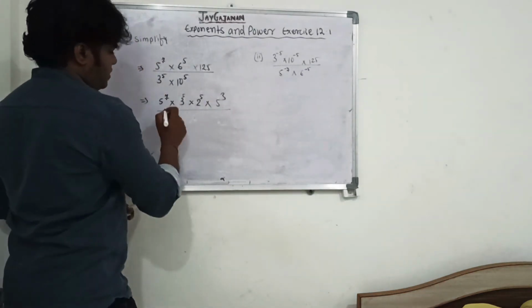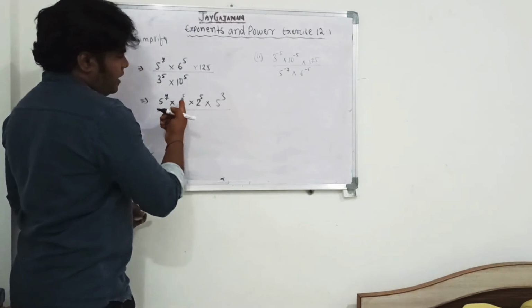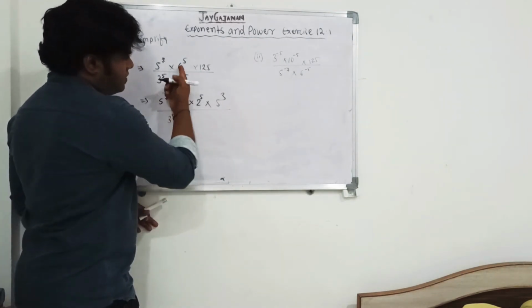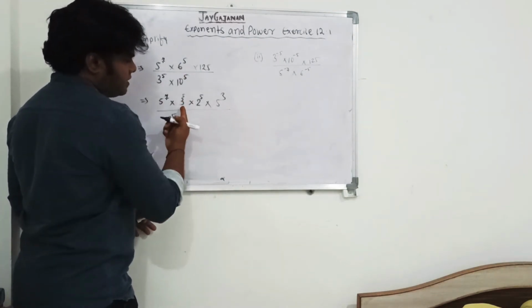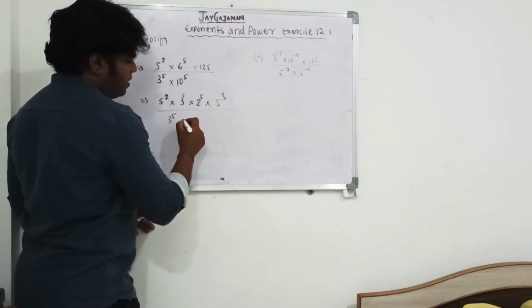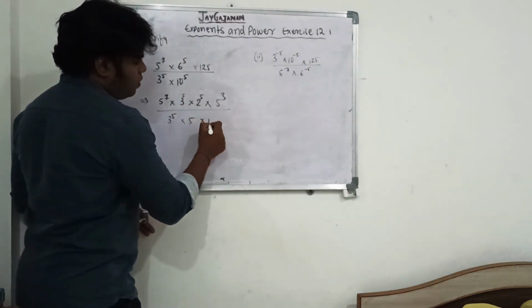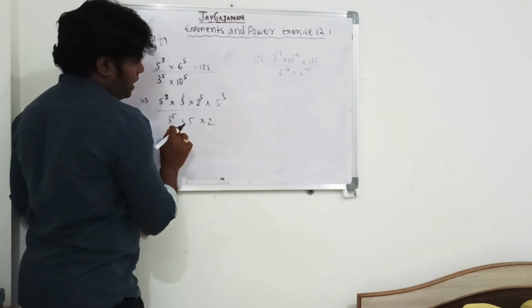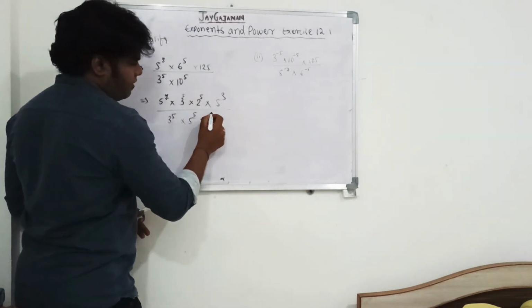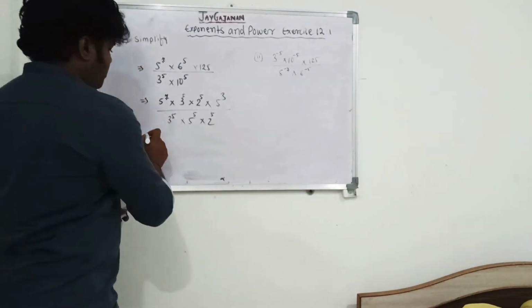Then these things are as they are. Again, as I have written 6 as 3 into 2, like that 10 also can be written as 5 into 2. But what about the powers? The power will also distribute like this. Now it becomes easy for all of you.